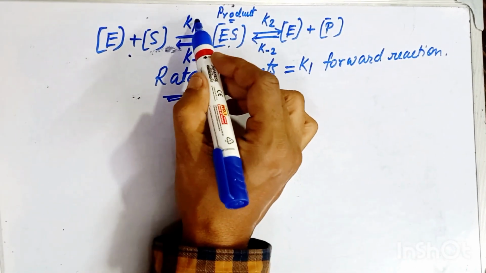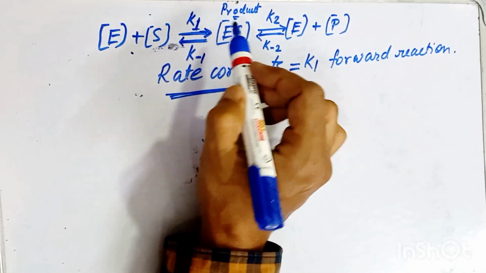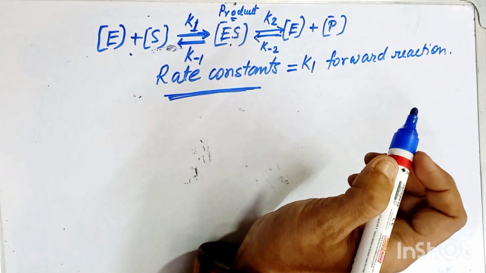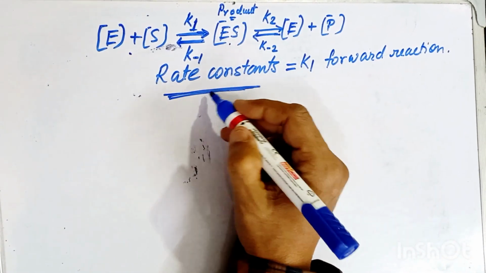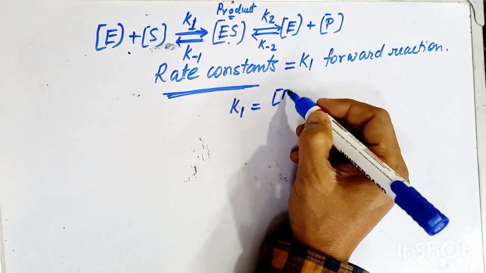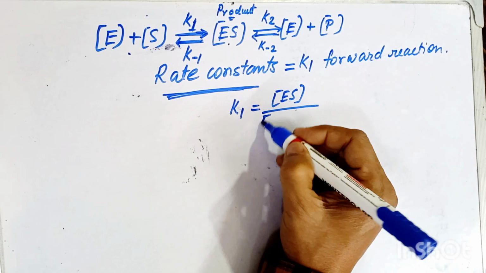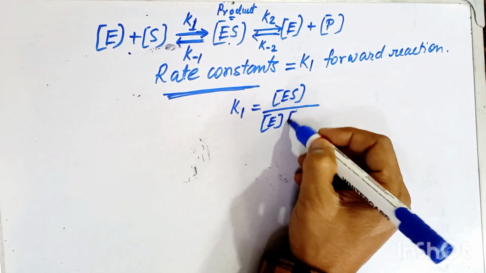So what is K1? K1 is basically the ratio of the product by the ratio of the reactants. K1 is equal to ES, the molar concentration of the product, by the molar concentration of the reactants.